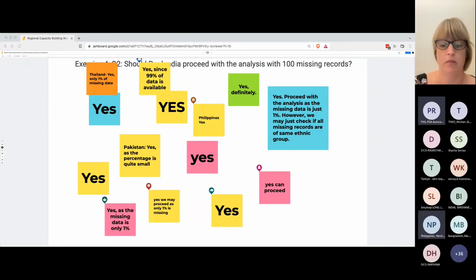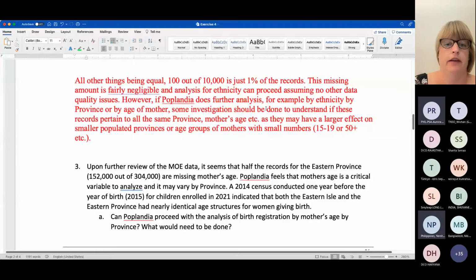The only time that we might be concerned about that is if we say we're going to disaggregate at an even more detailed level, and we start digging down to really, really low. So in this example, I said, what if we wanted to look at, say, ethnicity by province by age of the mother?